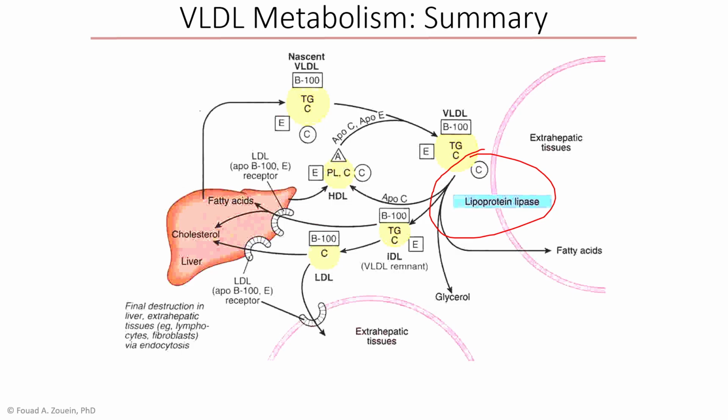After it's hydrolyzed, it becomes a VLDL remnant known as IDL that has ApoB100 and ApoE, because it gets rid of ApoC during this process, giving it back to HDL. Then IDL is either converted to LDL by getting rid of ApoE, or it's taken directly by the liver through the ApoE receptor to be further processed. And then what happens to LDL? We're going to see that in the next slides.